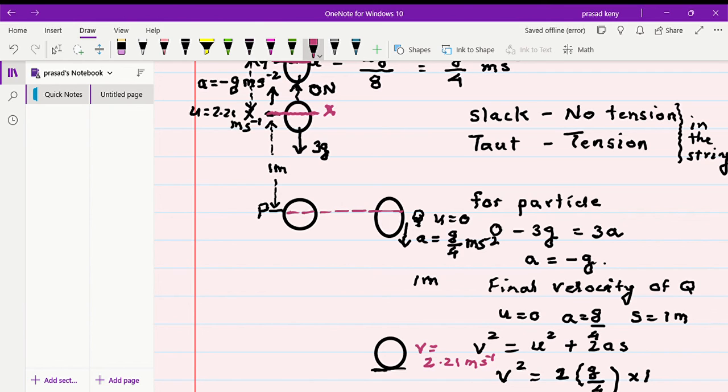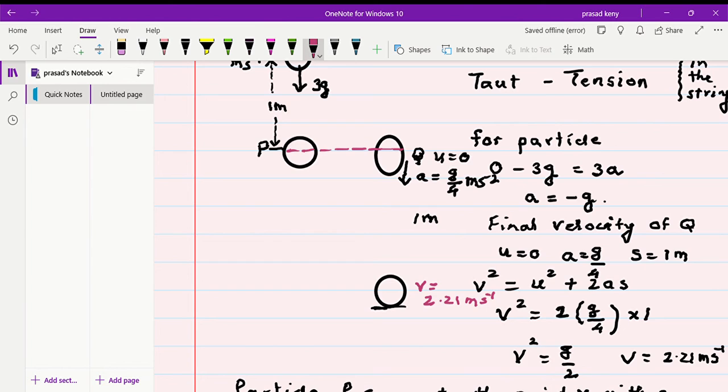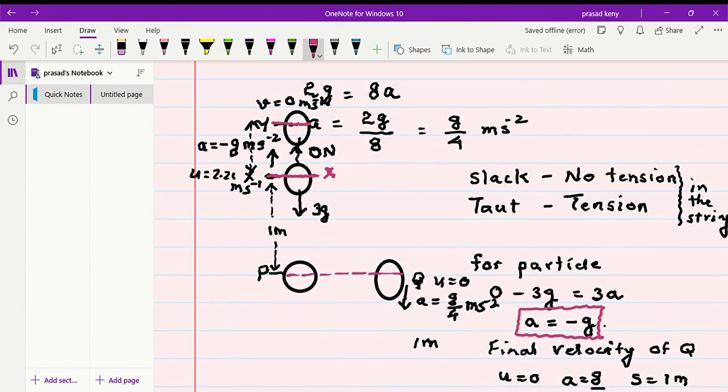After that, the string will become slack, and the string being slack means there is no tension in the string. That means the resultant force on particle P will be 0 minus 3g, which is equal to 3a by Newton's second law. That means after the point X, the particle will just decelerate in gravity. So it will decelerate at a rate of 9.8 meter per second square, and it will travel an extra distance from X to Y and then stop.